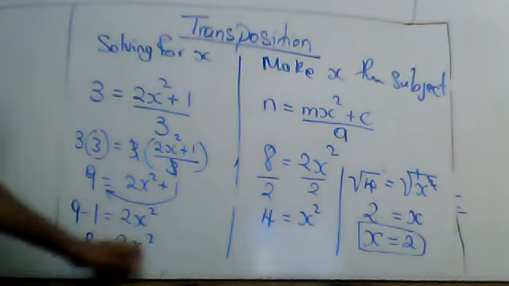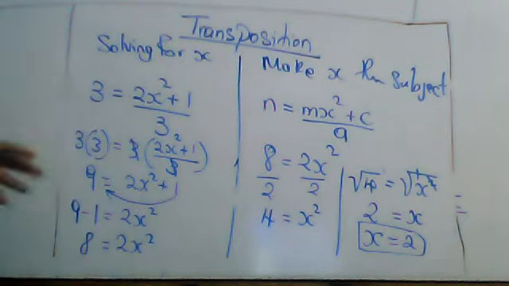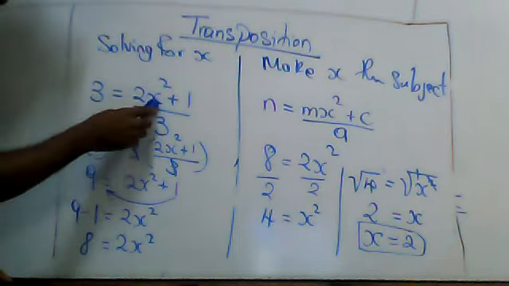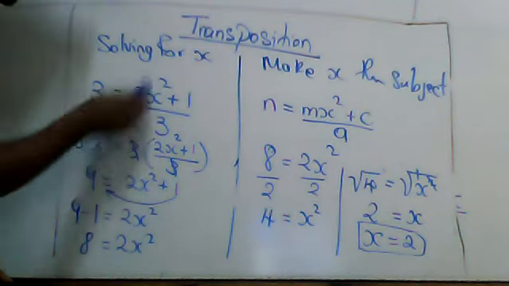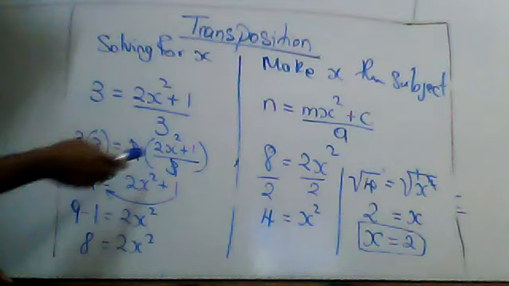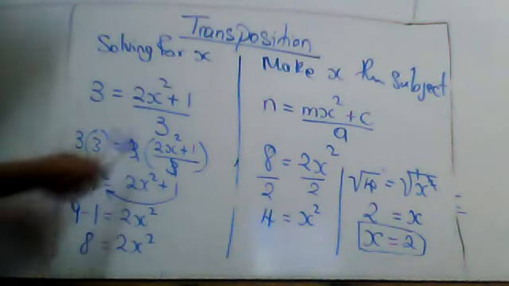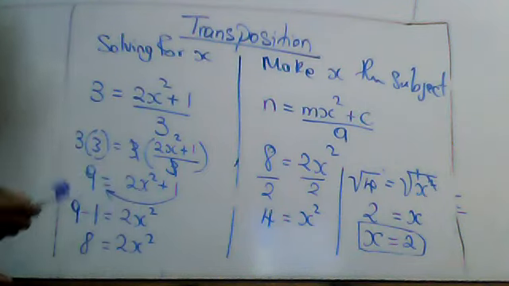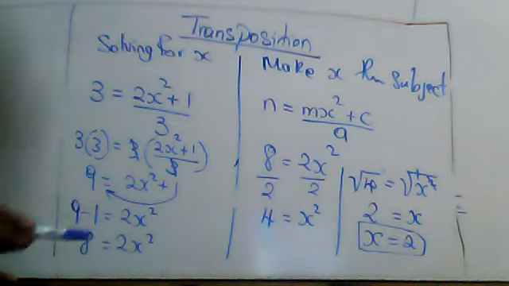Remember that the square is only attached to the x. That's another thing. The square isn't attached to every other component. It's only attached to the x. So we need to remove everything from around x squared before we can actually touch the square. Understand what I'm saying?